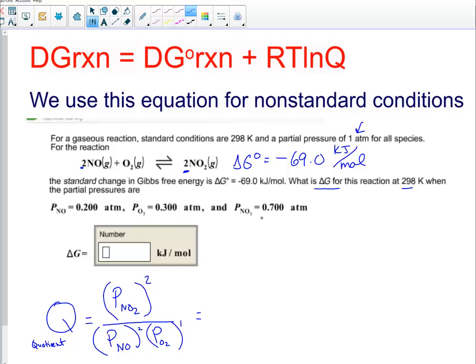Well, on the top, partial pressure of nitrogen dioxide, 0.7 squared, set over partial pressure of NO, which is 0.2 squared, and the partial pressure of oxygen, which is 0.3 raised to the first power.